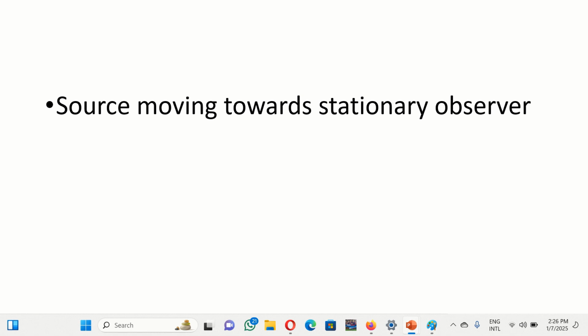So this is the third situation where we can apply Doppler's formula, where we have the source of sound moving towards a stationary observer.